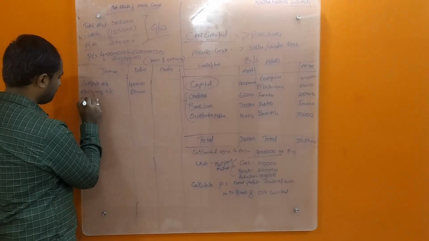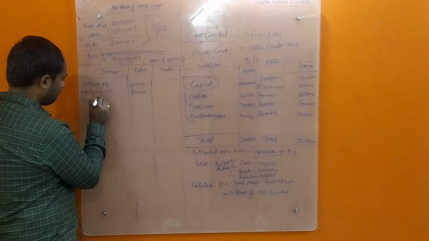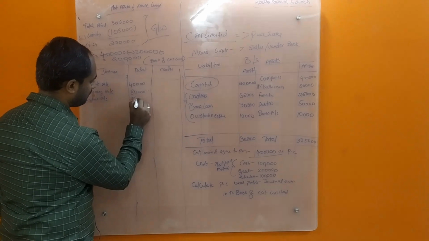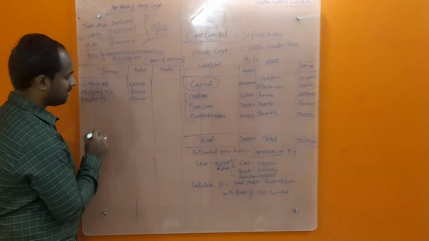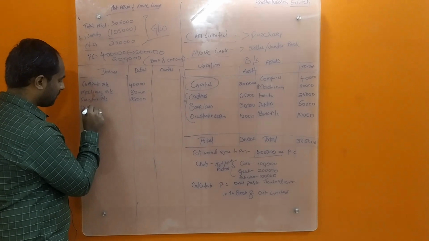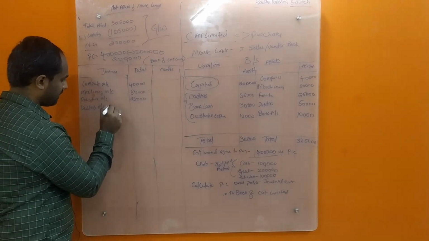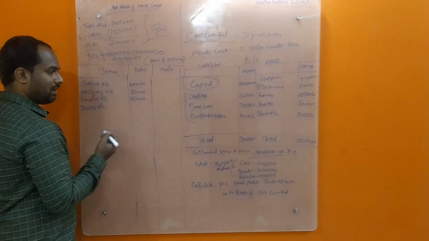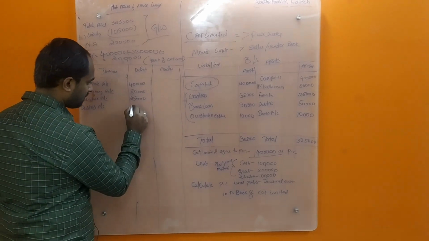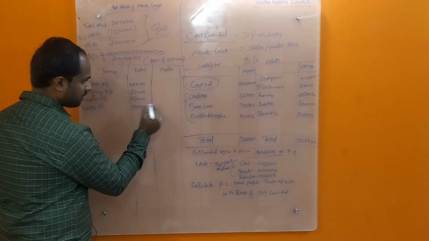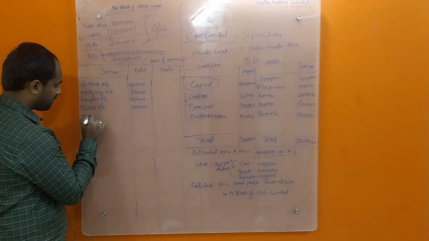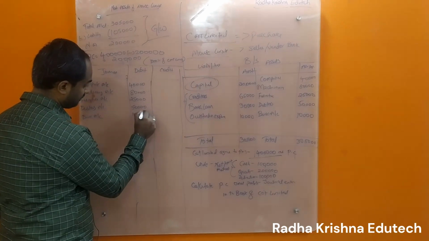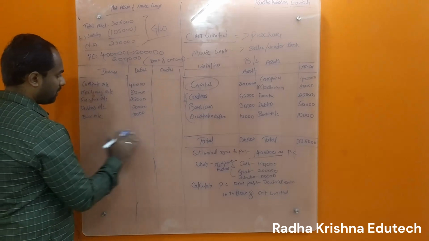Then furniture account, 25,000. Then debtors, because one of these problems will come in your examination, so easily you can score 5 or 6 marks in this. Debtors 50,000. They are taking bank account, bank cash also. Bank account 10,000.